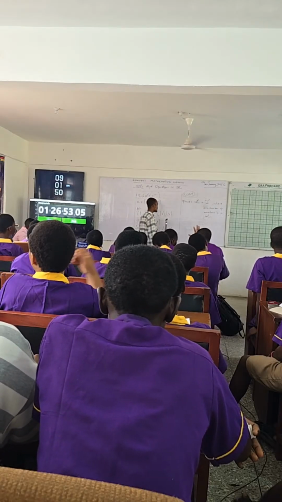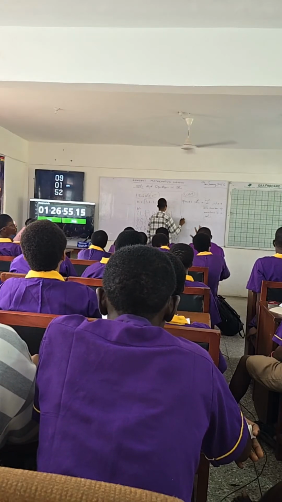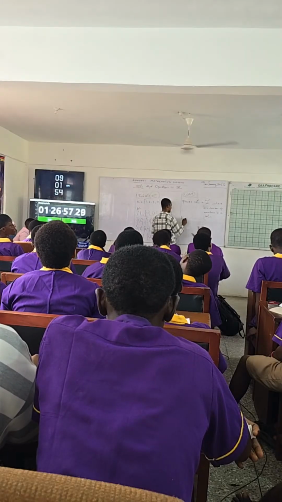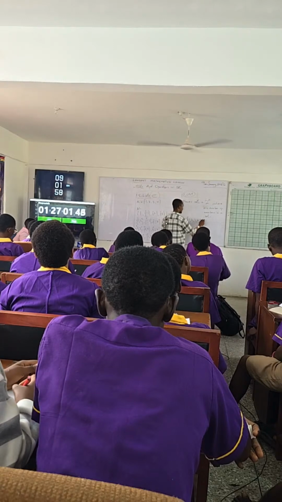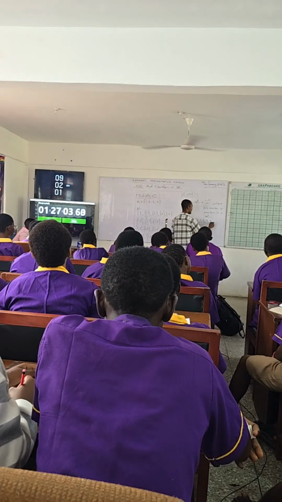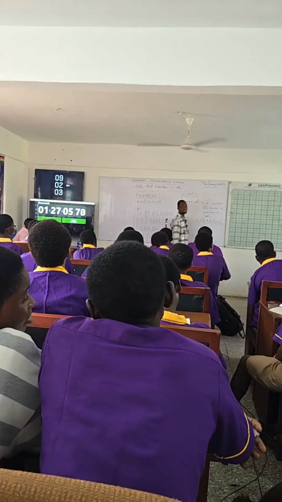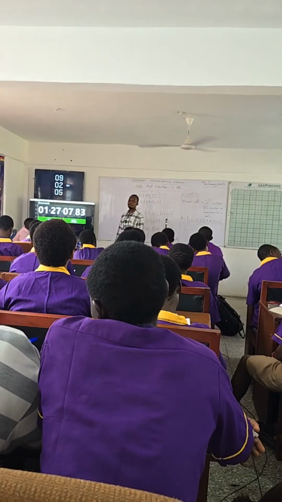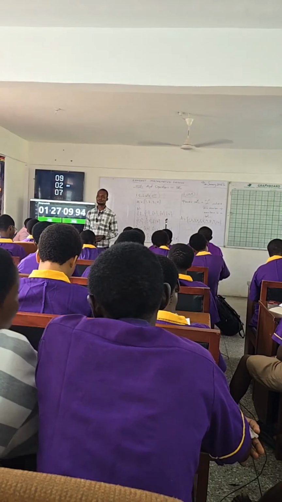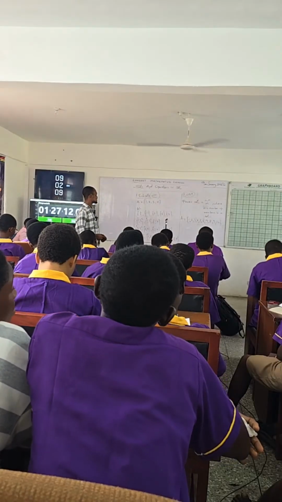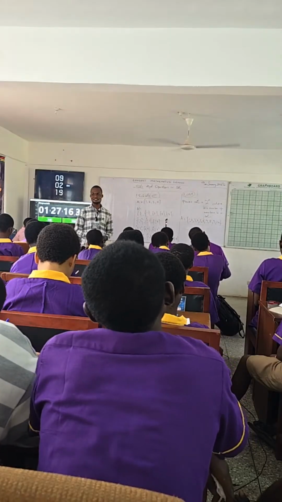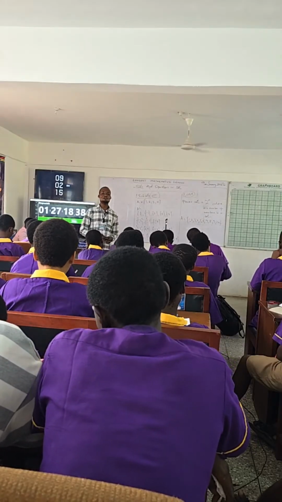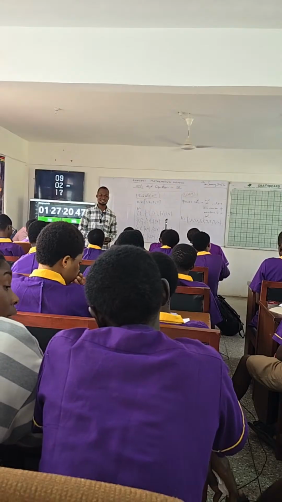So let's use this: we have set A being given as 1, 2, 3, 4, 5, 6, 7, 8, 9, 10. 10 elements in set A. In this form, they will not ask you to list because you would use all your time to do the listing.